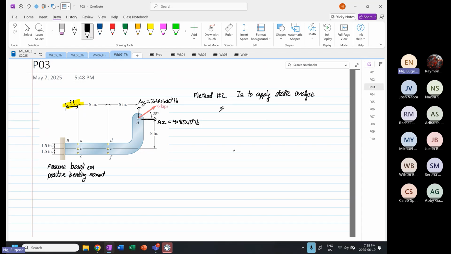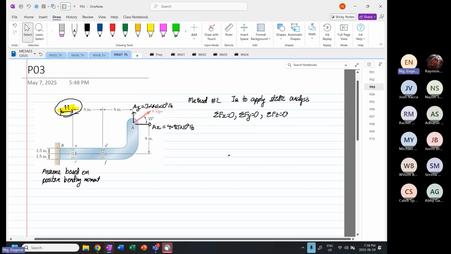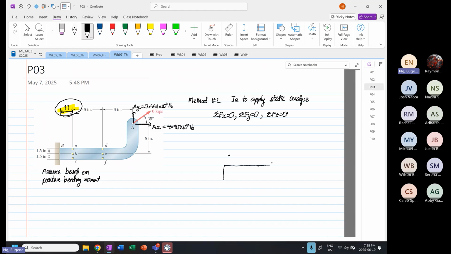It means we are going to have summation of forces in the x equal to 0, summation of forces in the y equal to 0, summation of forces in the z equal to 0. Okay, so how do we do that? No doubt we don't have the distance down here. I'm going to stop the analysis down here. I'm going to sketch this out.